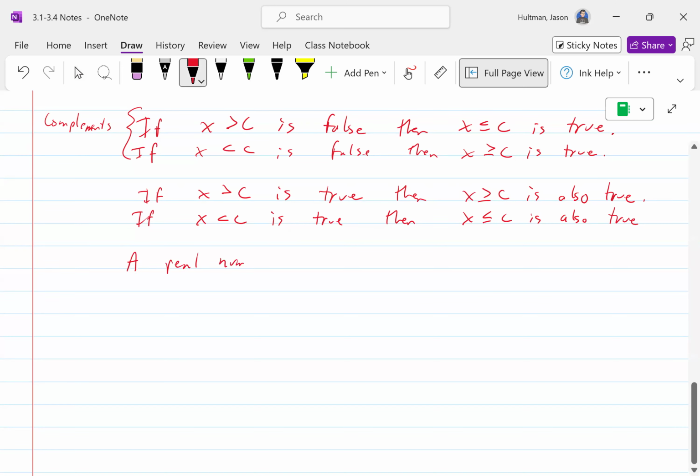A real number x is positive if and only if x is greater than 0. A real number x is negative if and only if x is less than 0.